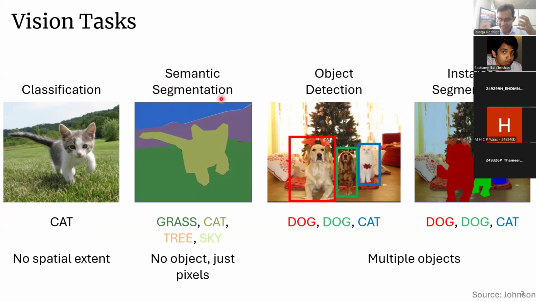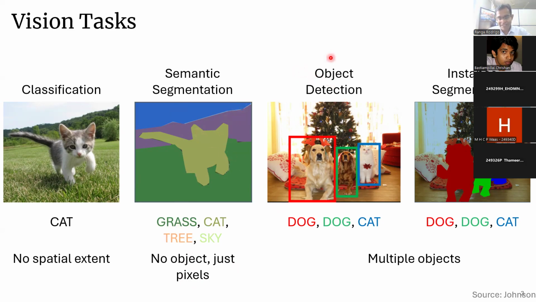Now, semantic means what we conceive as human beings as a meaning. So we can see that those semantic labels have been assigned to different parts of the image. Grass, cat area, the tree area is not here, sky area, and so on. No object, just pixels. I think I have made a mistake in coloring the tree area. This should have been in purple.